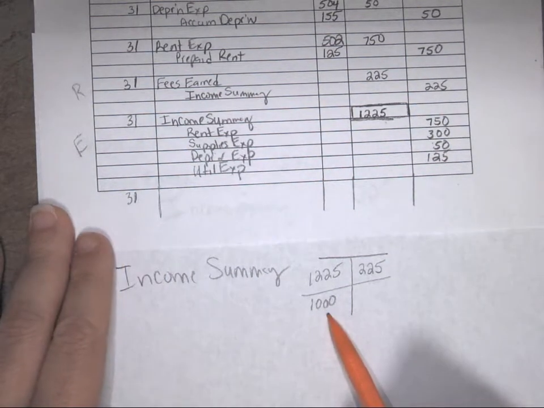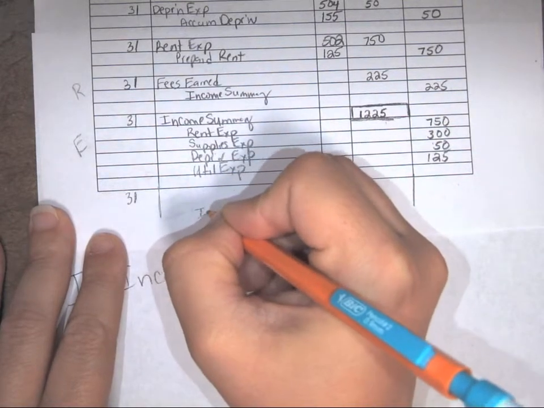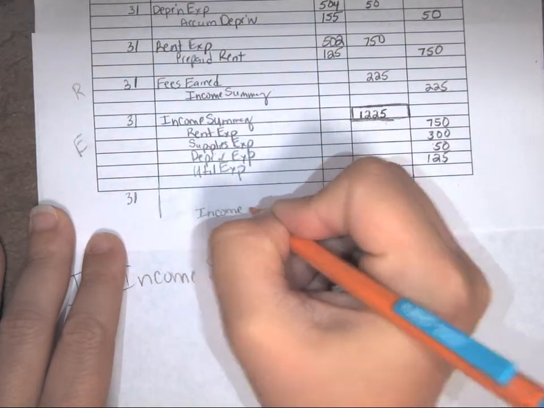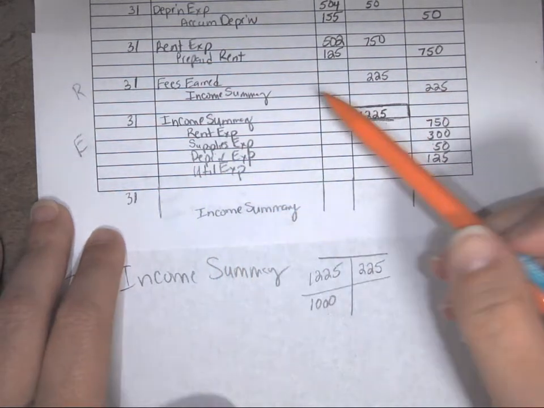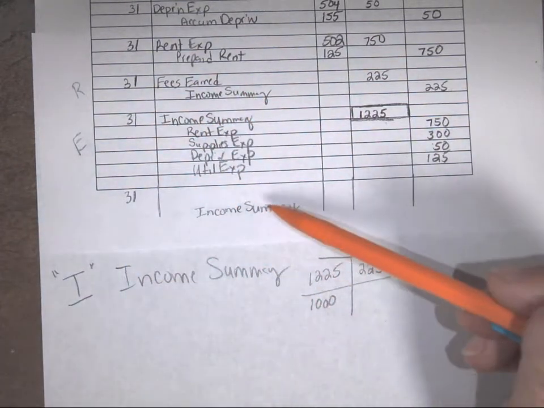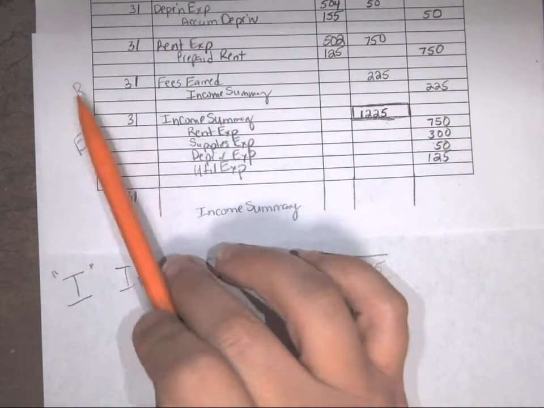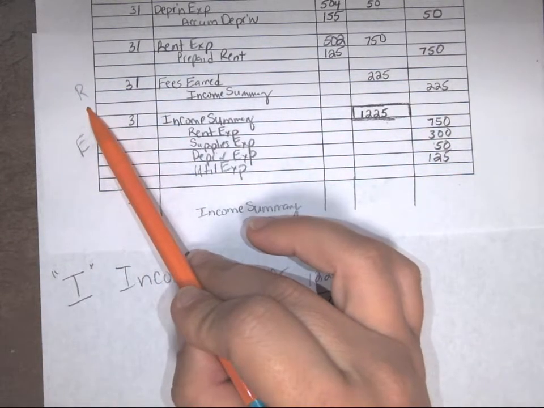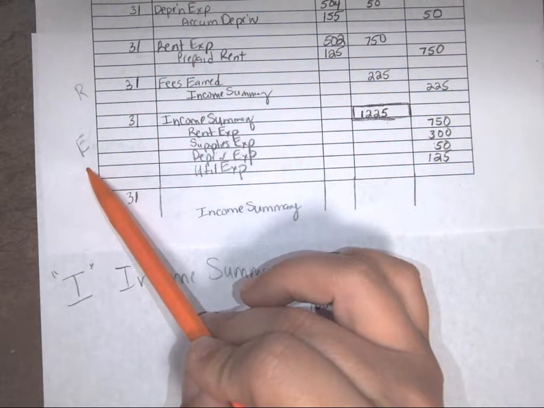So if it has a debit balance, that means that the income summary is going to have to be our credit for this particular one. Now this one is going to fluctuate. These two pretty much always look the same as far as income summary goes, but the income summary here can be the debit or credit. It all depends on this particular balance, because remember, we want to make all these accounts zero. So the letter R for revenues, we want to make all the R's 0. The E for expenses, we want to make all the E's, the expenses, 0.